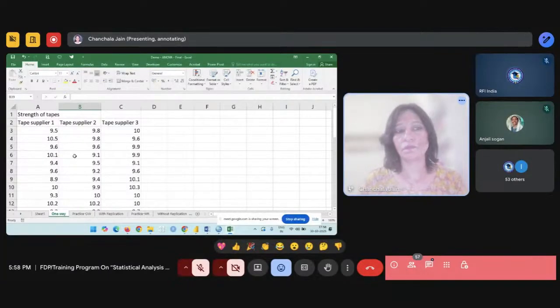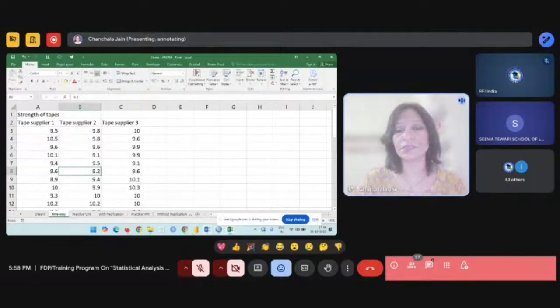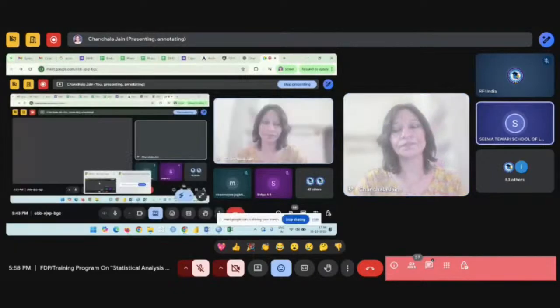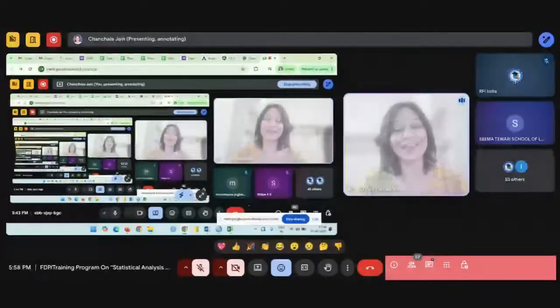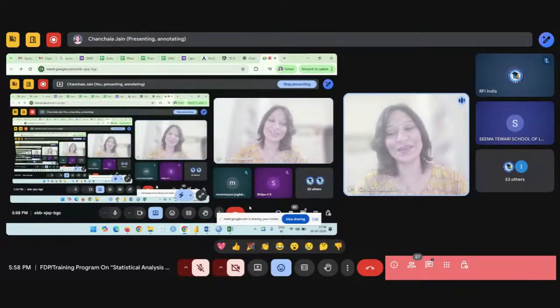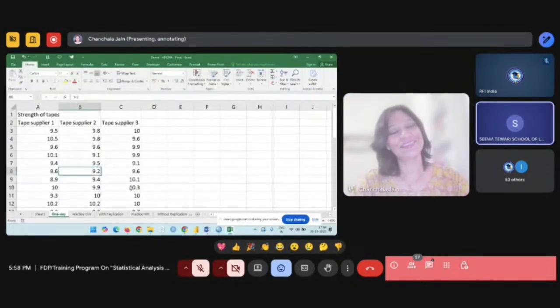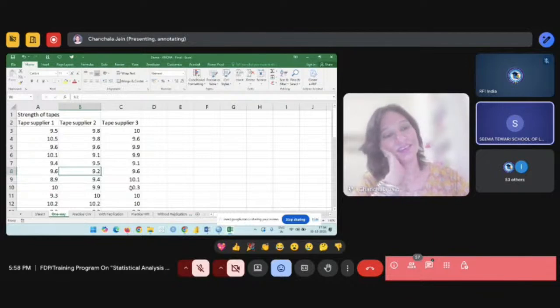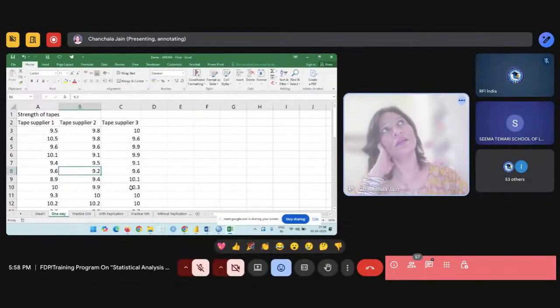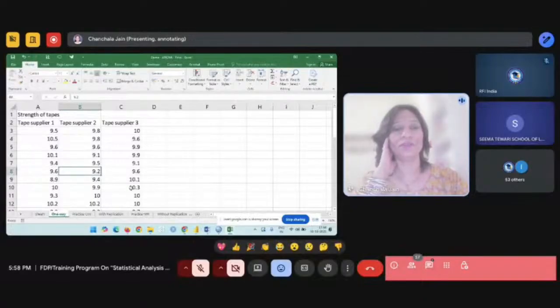Ma'am, this is one way ANOVA. No, I'm asking the type of variables available. One is numerical, one is categorical. I want to get the names using the example. In this question, what are the variables given and what are the types of those variables?